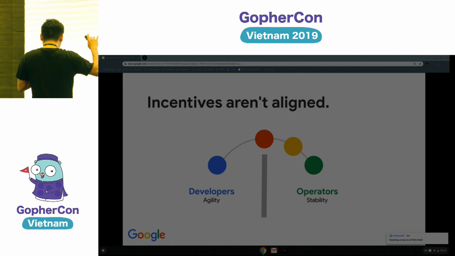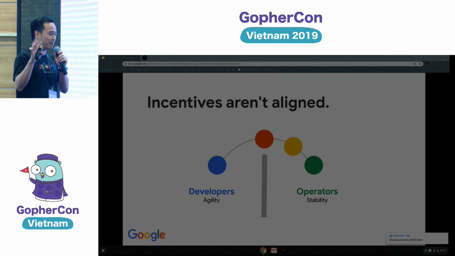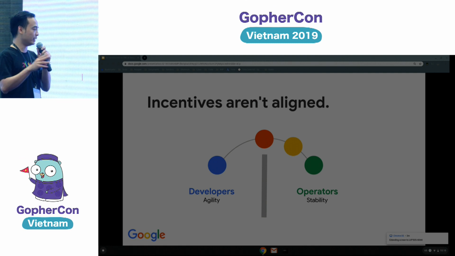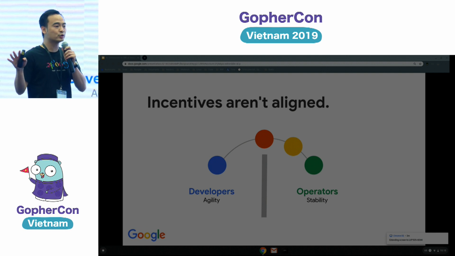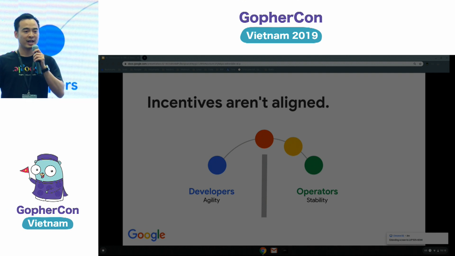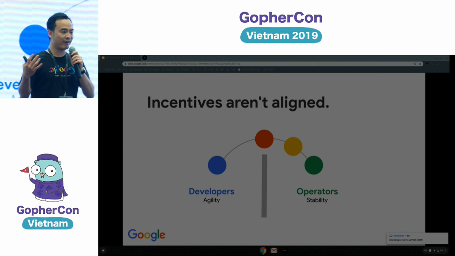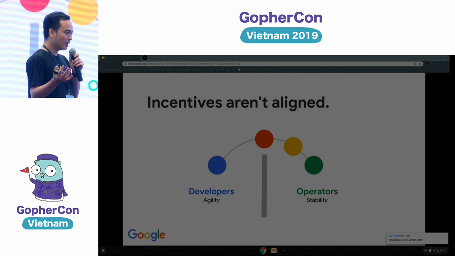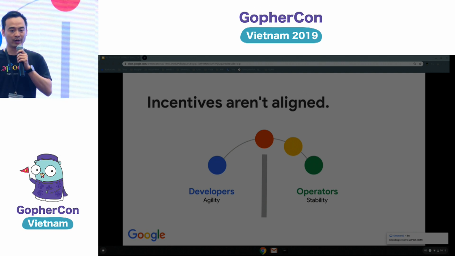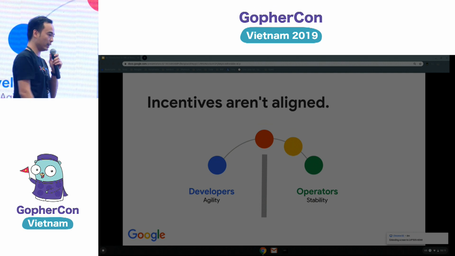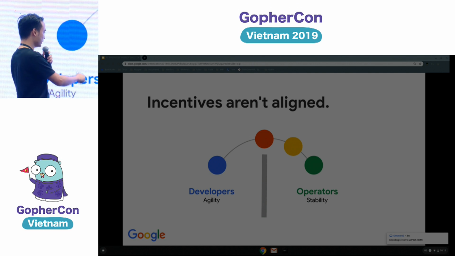So there are normally many battles, ending battles, between developers and operators. Developers want to deploy a service as fast as possible. They just want to release new features, they want to release new products, and they throw the product over the wall to operators.